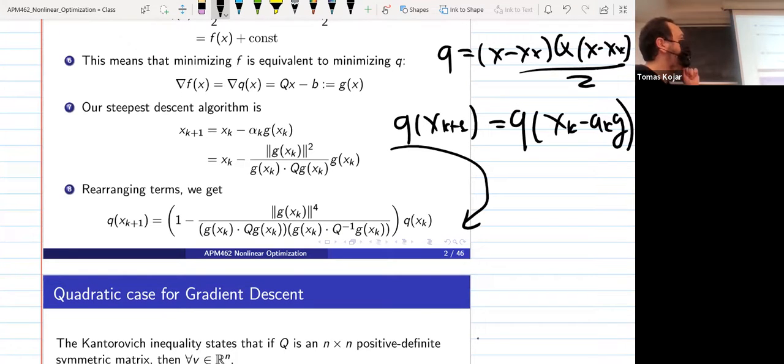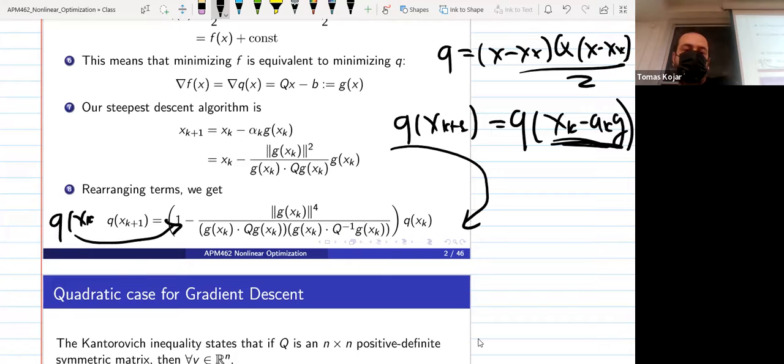I'm not going to do all these steps, it's just linear algebra. You plug in this point, xk minus ak g, and you can already see you're going to get the q of xk by linearity for some of the terms, and then this ugly fraction is the cross terms.